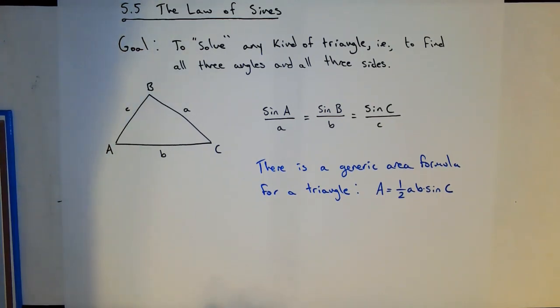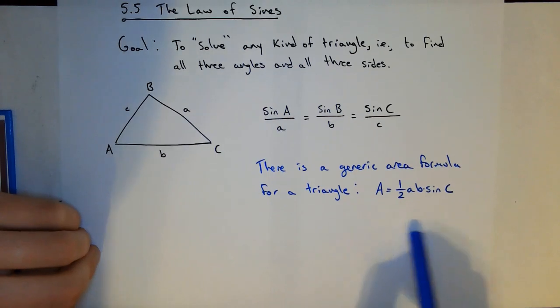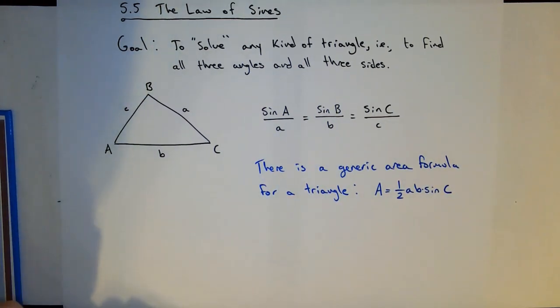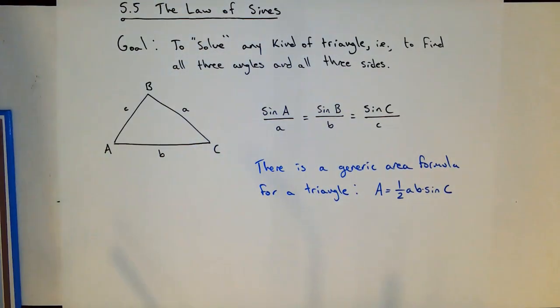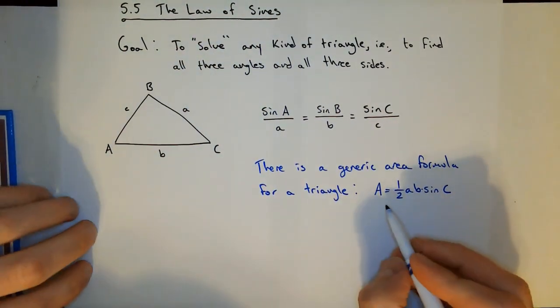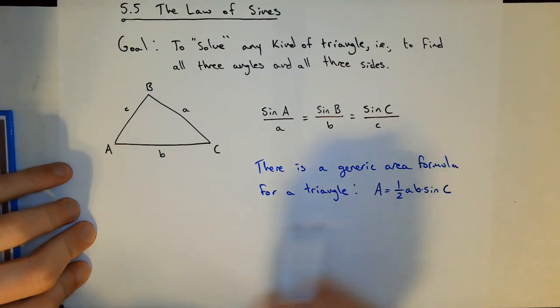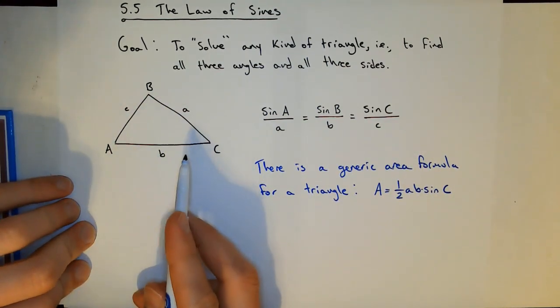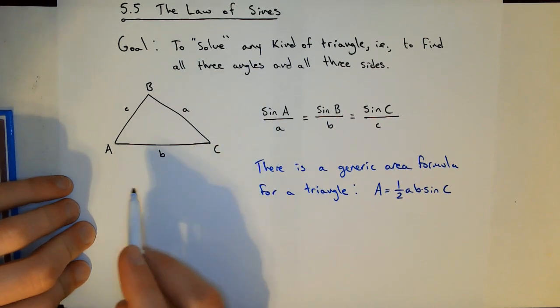Okay, so we never talked about this, but it's kind of a useful thing for just knowing a generic area formula if you don't know the height of a triangle. So why am I bringing that up? Well, I can get 3 different representations of the same area for this particular triangle, the way I've notated these sides and angles.